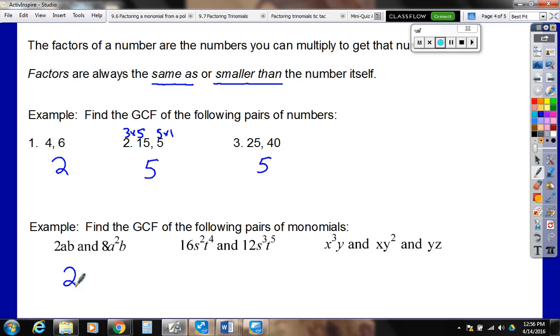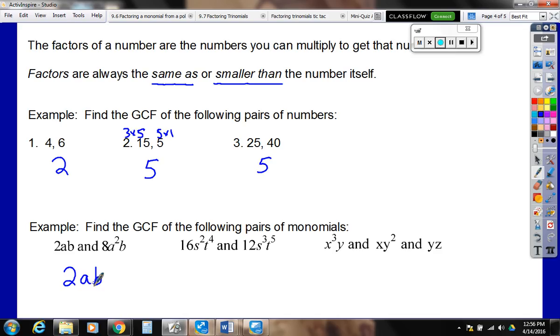They have to have them in common, and we're going to use the smallest exponent when we're doing greatest common factors. So on this one, they both have an A. The smallest occurrence is an exponent of 1, so we just write 2A. They both have a B. The smallest is 2 to the first power, so the greatest common factor is 2AB.